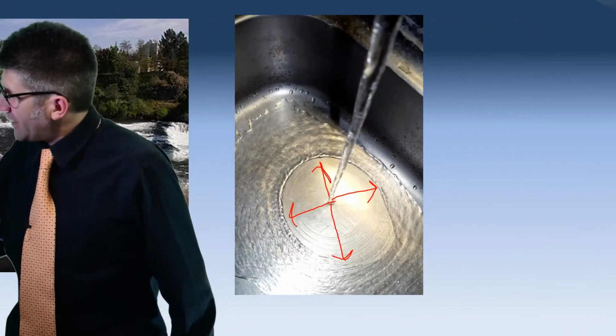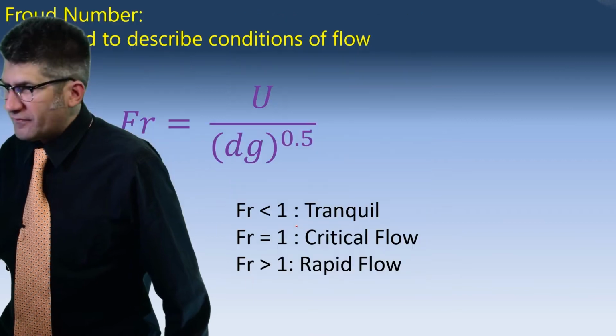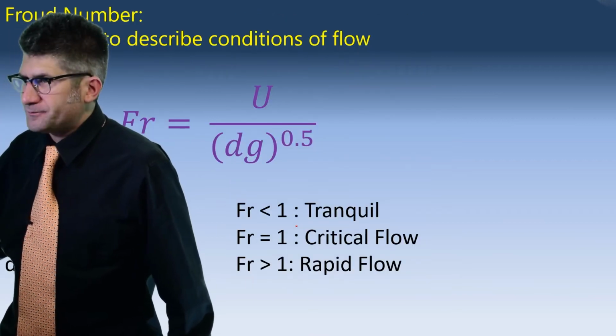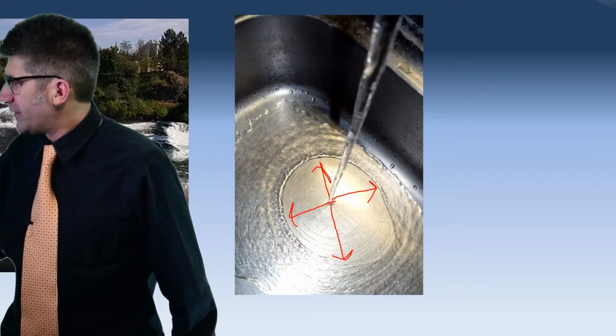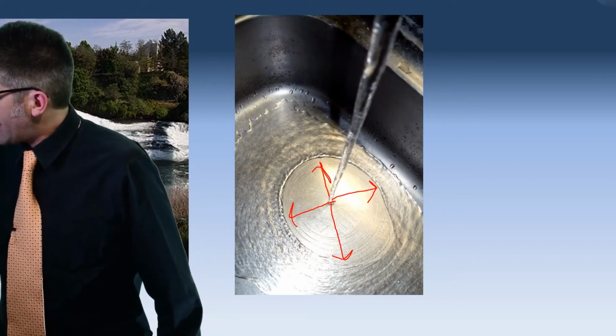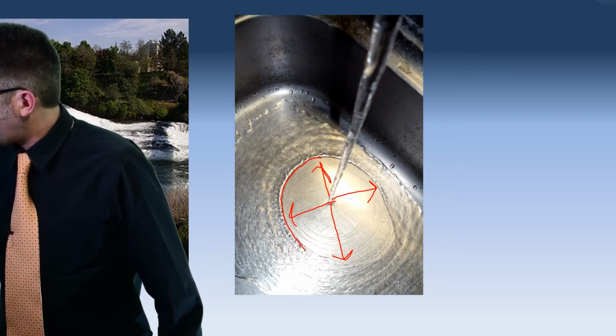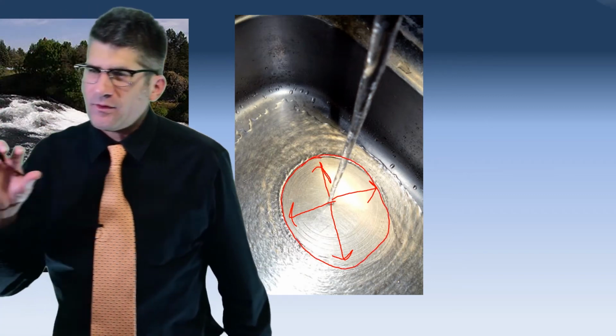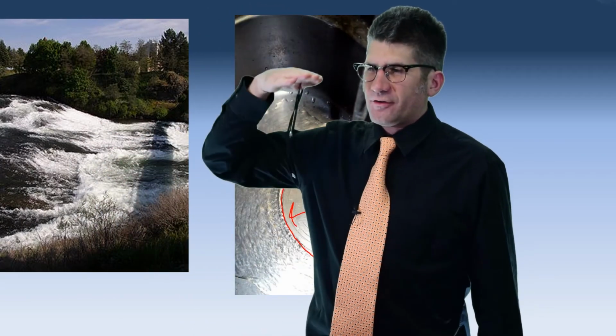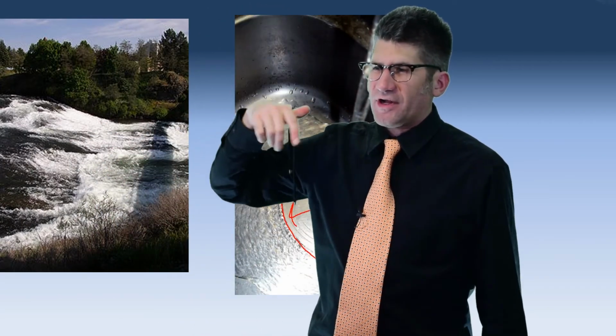Right here, we're in the rapid flow, and then we move out to the tranquil flow. And right where we have that change, where we have critical flow, we end up developing what's called a standing wave. So standing waves happen where we have water that's hovering right around that rapid to tranquil flow.